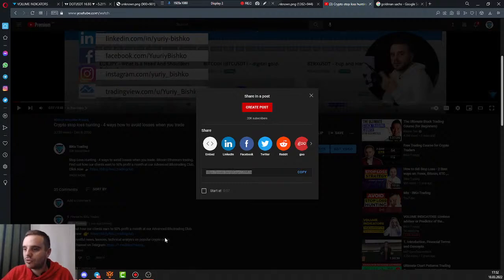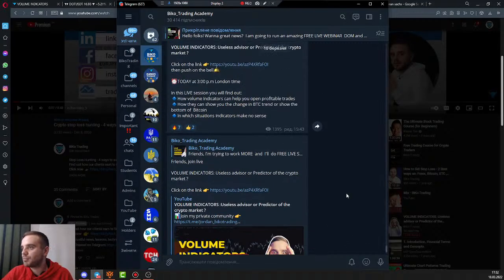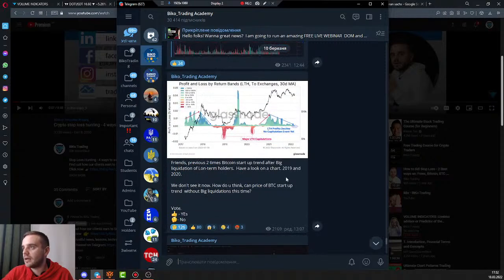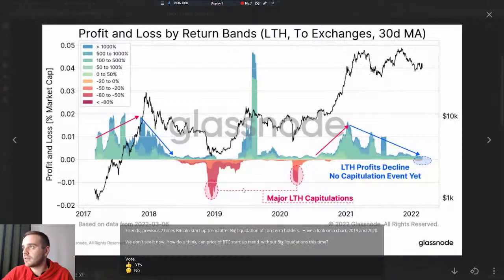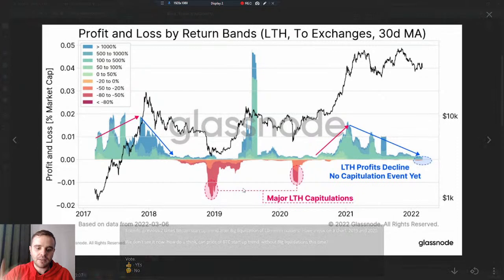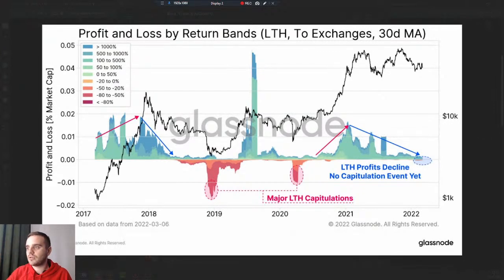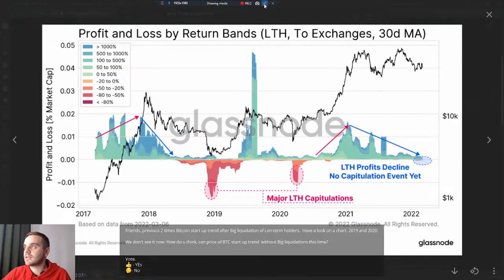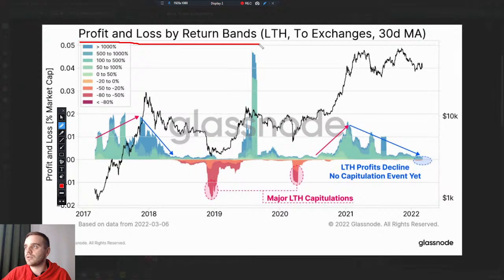I like to hold Bitcoin when I see this pattern. Have a look. As I published in our public Telegram channel, it is the best indicator ever that shows the bottom of Bitcoin. When I see something like this on Bitcoin again, it is profit and loss returns by long-term holders.